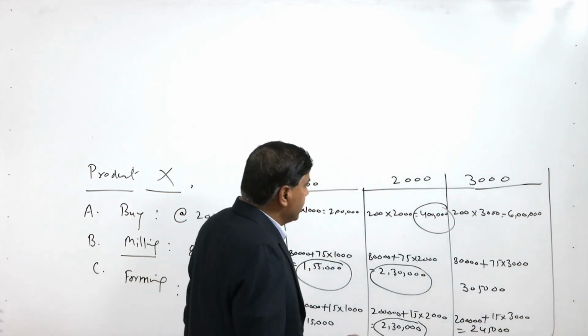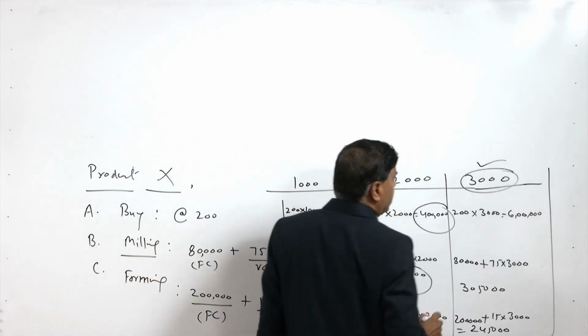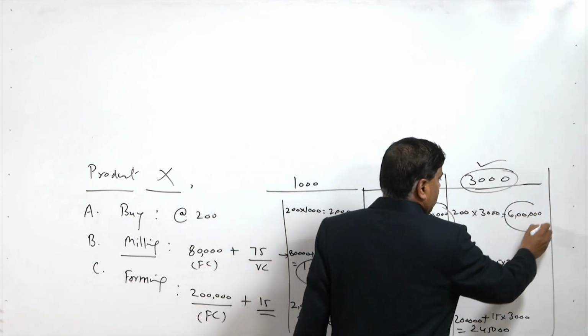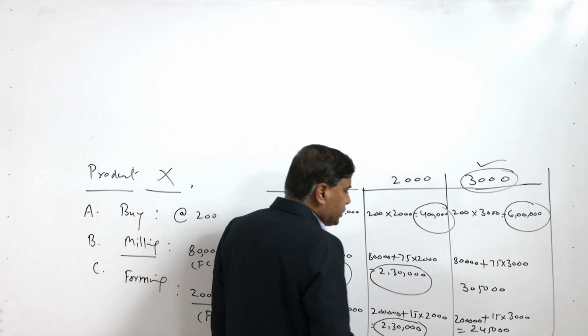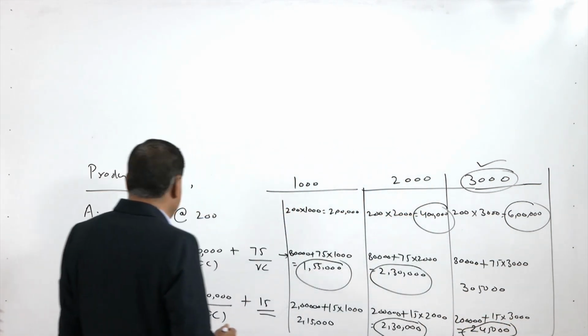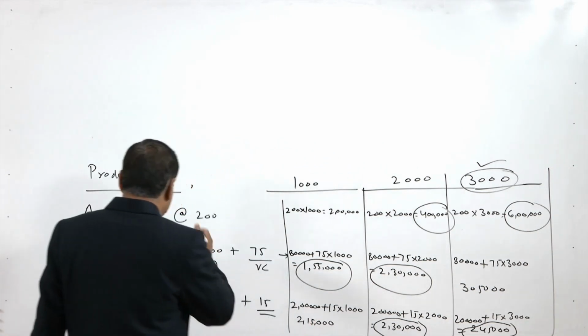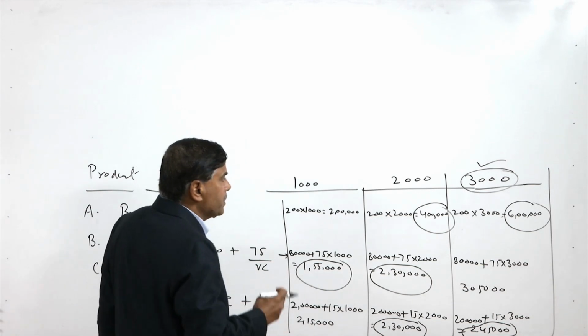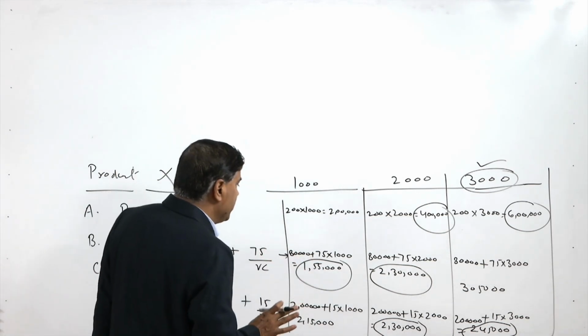So in this third scenario, when we have to make 3000 units, the costliest option is buying, and the cheapest option is forming. So with the change in the number of units to be produced, the preferred option changes.